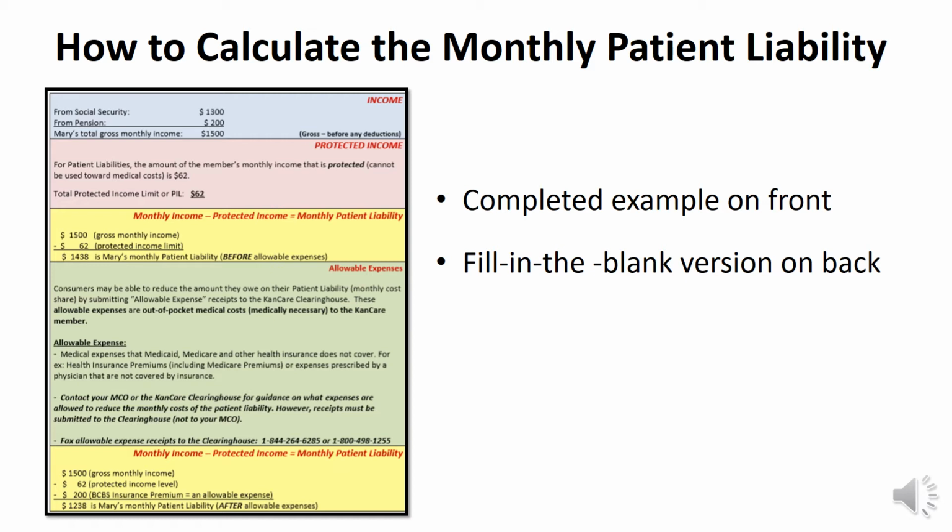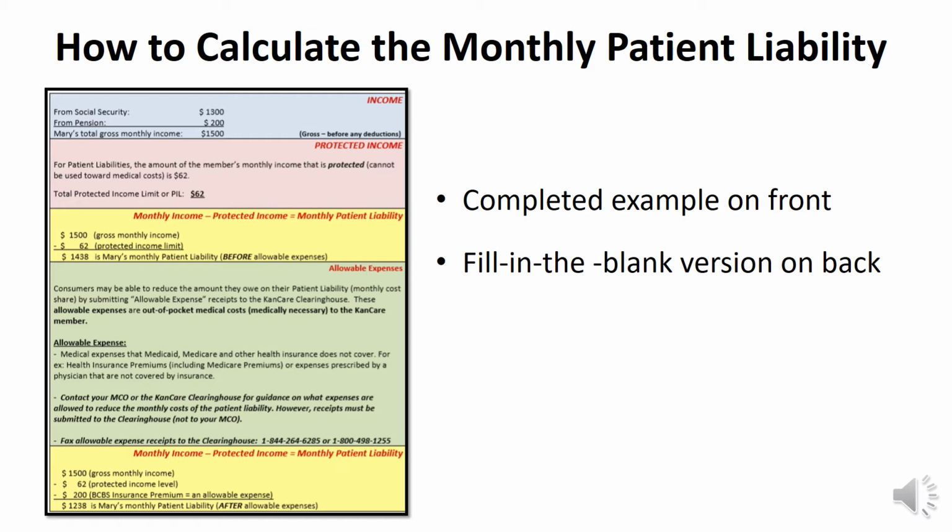So let's say that Mary has some extra Blue Cross Blue Shield coverage that's costing her $200 a month. Well, she can keep that, and they will deduct that premium she pays every month of $200 from the bottom line. Look in the very bottom square of the worksheet, where we've got a new calculation: $1,500 gross monthly income minus $62 protected income minus the allowable expense of $200 for the Blue Cross Blue Shield insurance premium she also pays out of pocket every month.